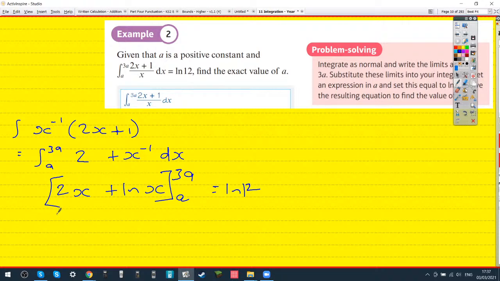Sub in 3a for x. And then minus, sub in just a, yeah. Is equal to ln 12.